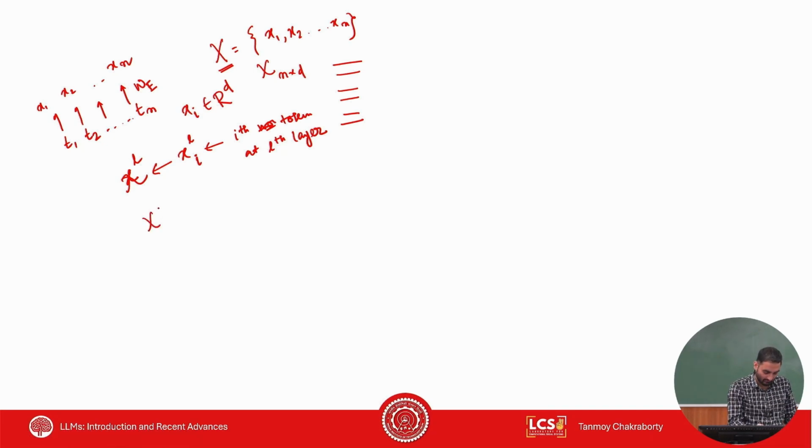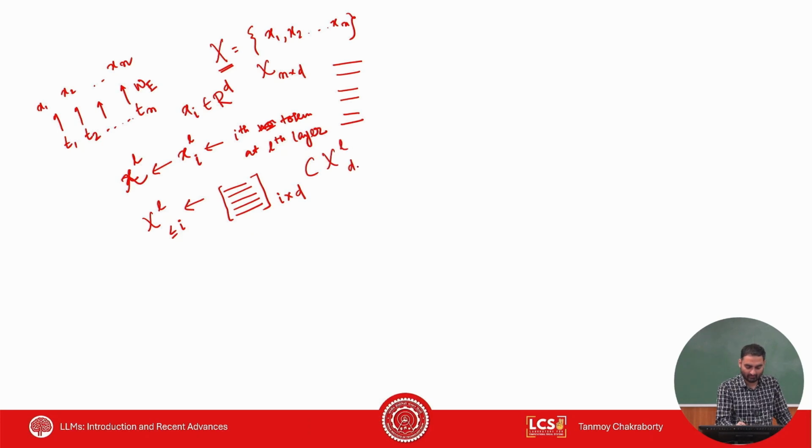So X^L_{≤i}, this is essentially a matrix which has all those representations of tokens which appear before i stacked one upon another, right? So what is the size of this matrix? i cross D. This is essentially a subset of X^L, which is n cross D. Okay, now this notation is important because this will be used to calculate attention.